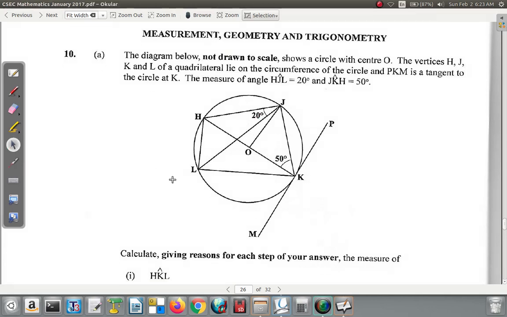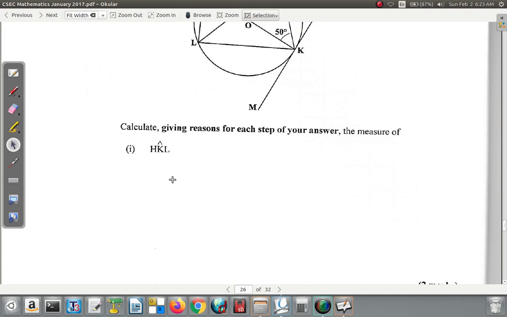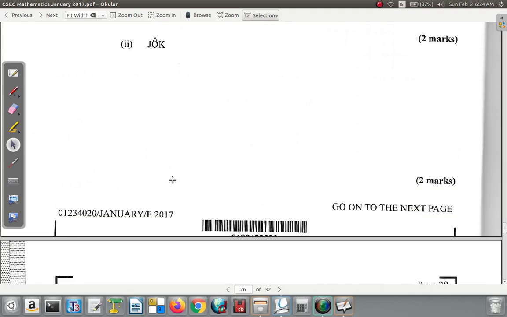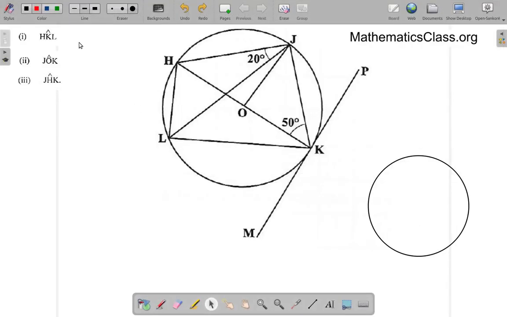Now they want you to find, giving reason for each step of your answer, and notice how they bold giving reasons for each step, because the reasoning is where the marks lie. They want you to find the measure of angles HKL, JOK, JHK.